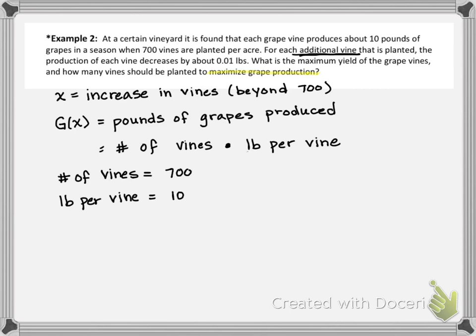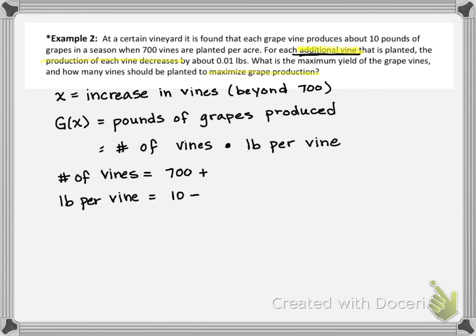Those two numbers have to correspond to one another. Then it says that for each additional vine, the production of each vine decreases, which means the number of vines is going up and the pounds per vine is going down.